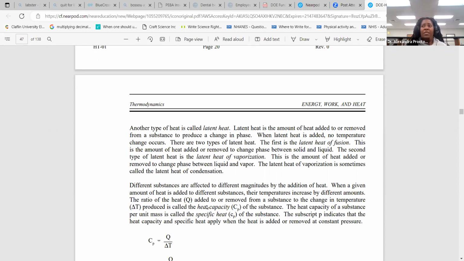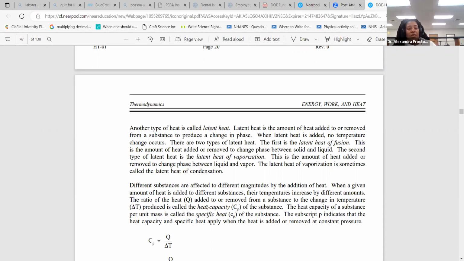Sometimes the substance is actually increasing in temperature. Sometimes it's not increasing in temperature because the phase is changing.